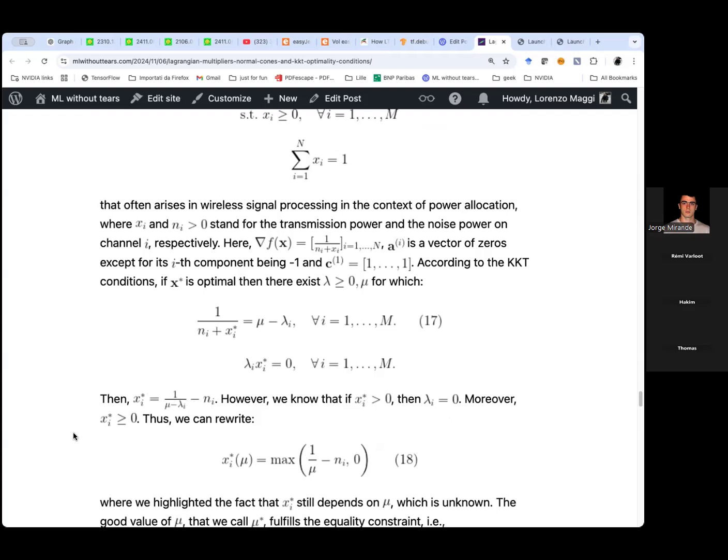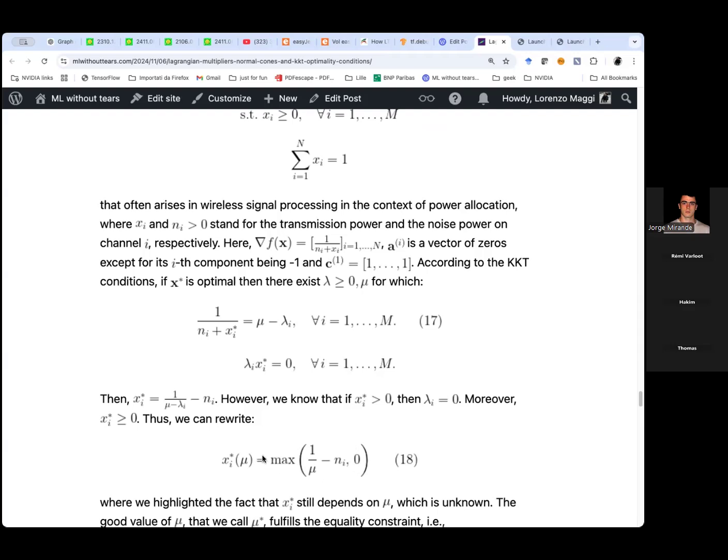Moreover, the xi must be positive. Then we kill lambda, and we take the positive part of what's left.